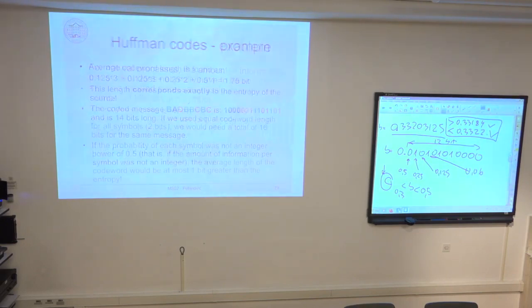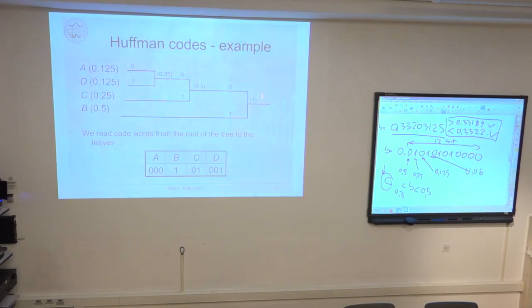But the same problem is with the Huffman code. As I showed before, for example, this letter 001 is the symbol D. But if for some reason this first bit is not 0 but 1, then I follow the tree. So for example, 101. Okay, 1, this is B, only one symbol.